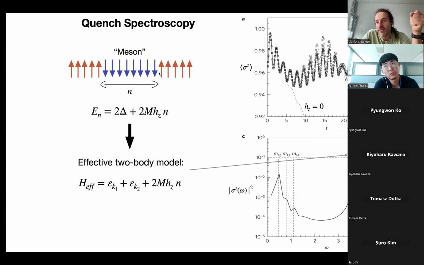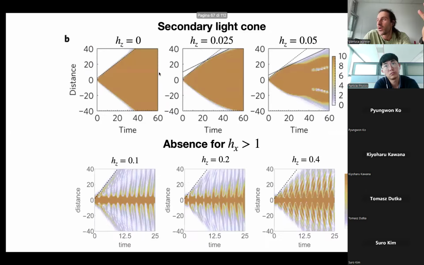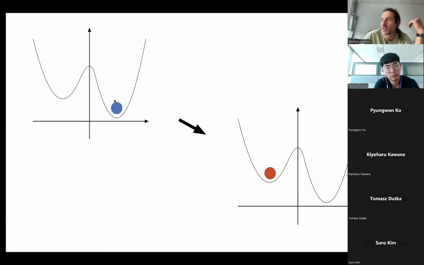And even though we cannot exactly solve the problem, we still know that when we are close enough to the true ground state, we are populating these modes. And by populating these modes, we see some kind of more exotic dynamics than the standard quench dynamics that I showed you.